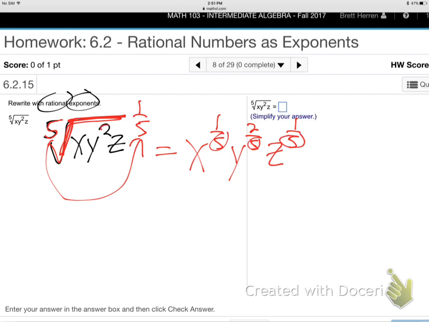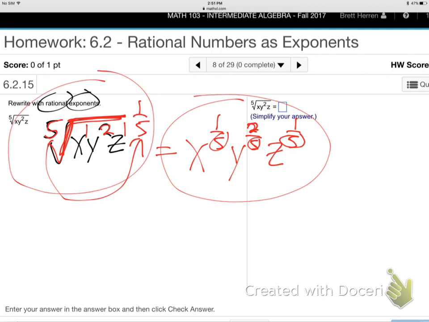And the y already had a 2, so he keeps his 2. But the x and the z, they just have invisible 1s. Does that make sense? Fraction powers, roots, saying the same thing. 2 different languages. So they're making you more proficient in these 2 languages. Good. We're learning Chinese here.